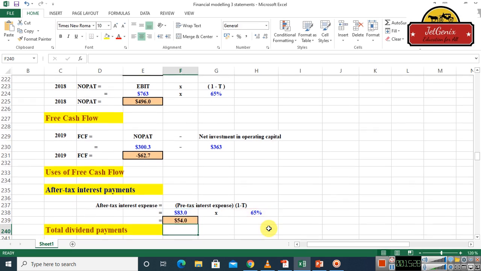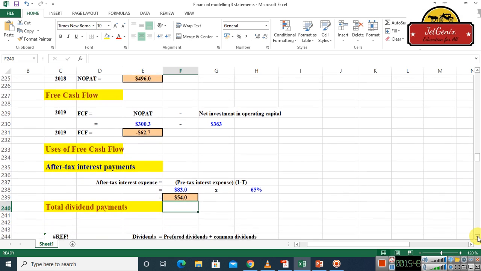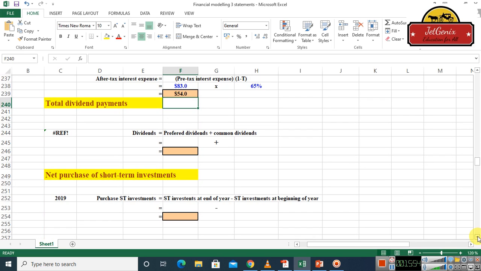Now you can see the after-tax cost of debt, or after-tax interest expense, is $54 million. If you are a bit confused about where these values are coming from, it is the formula. This formula you can see here is for the calculation of after-tax cost of debt. I think there is no confusion in this one.